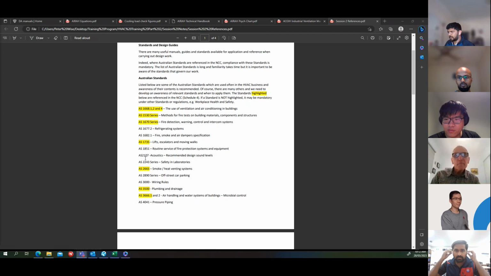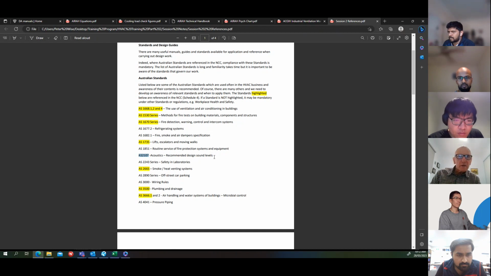Anyway, we're working through these standards at the moment, just briefly describing what's in them. AS 2107, acoustics. It's not referenced in the NCC, but it's a useful document if you're working on a project and you're wondering what the design basis should be for the sound level of a particular area, say an office space, maybe a laboratory or a hotel room.